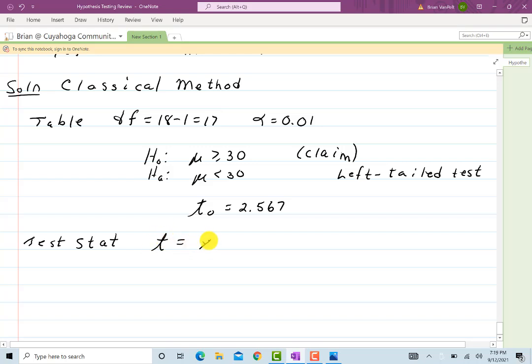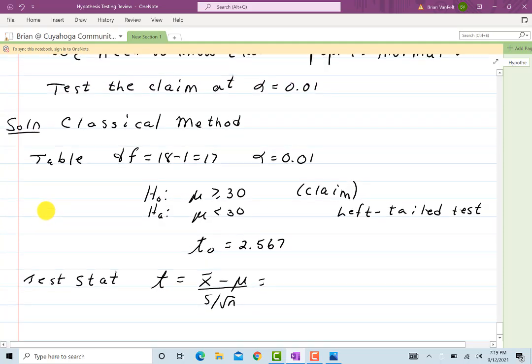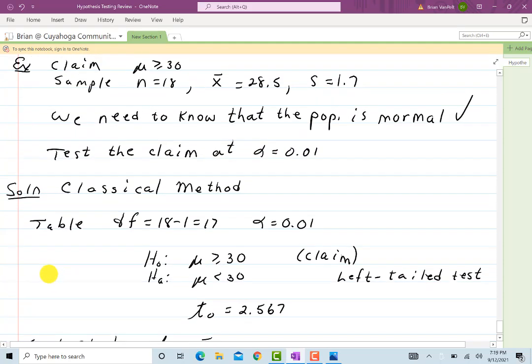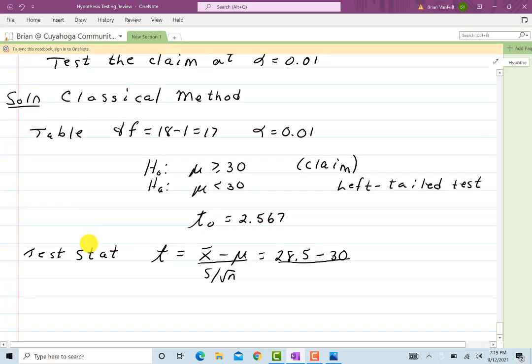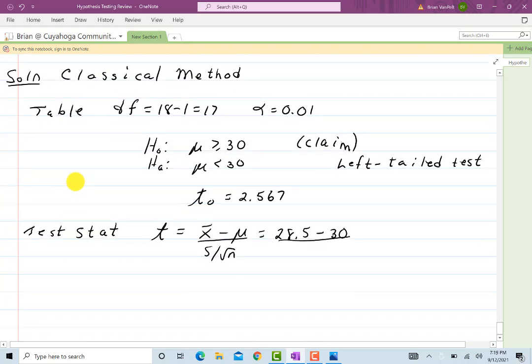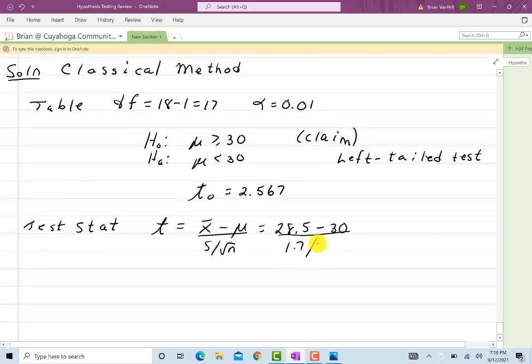Our test stat, that's T equals X bar minus mu divided by S over the square root of N. X bar, what was my sample? That was 28.5. And we're testing it against mu is greater than or equal to 30. S in this problem was 1.7, divided by the square root of 18.